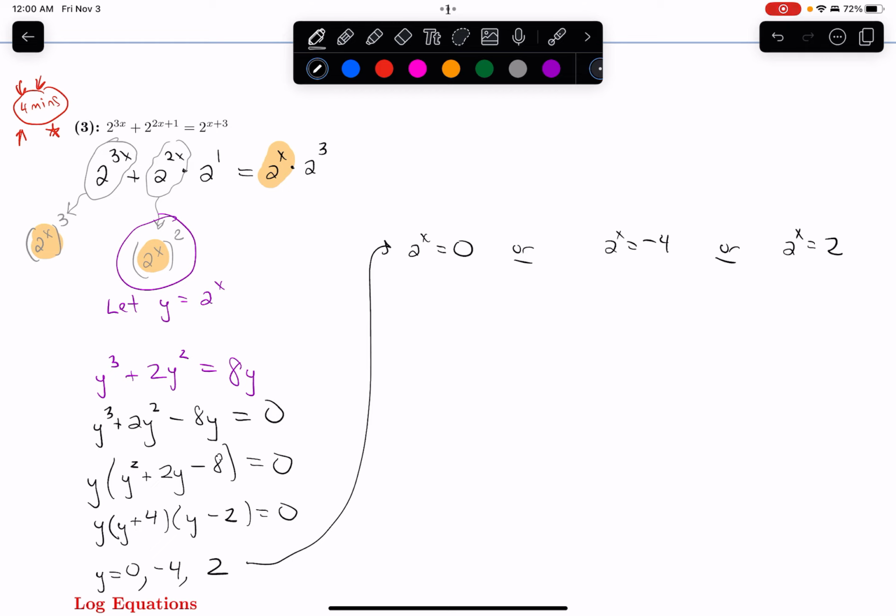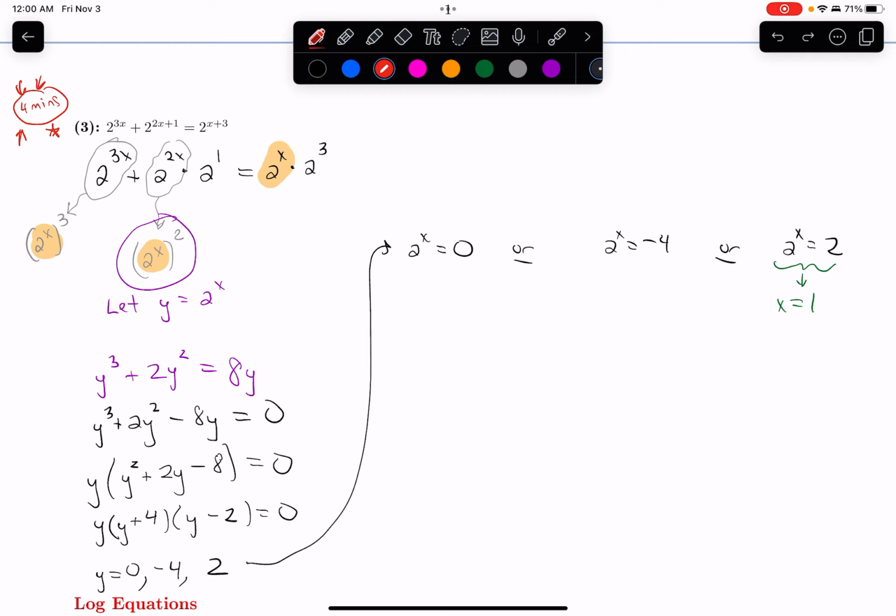Let me start with 2 to the x equals 2 because I think that's the simplest. What would x be here? Well, it's got to be 1. 2 to the 1 is 2. Nice. What about these other equations? 2 to what power will be 0, and 2 to what power ends up being -4?